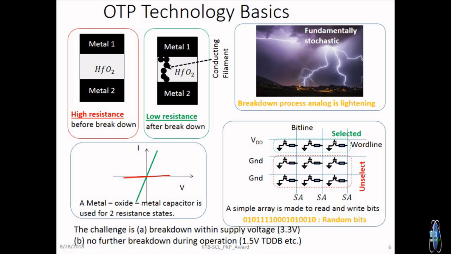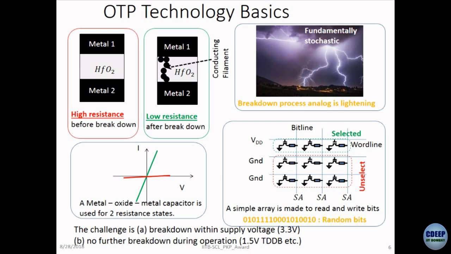If you could put a voltage across an array of these little capacitors, which are these blue dots, you would break a bunch of them down, but you do not know which ones a priori. So it's not in a design. This is the idea.